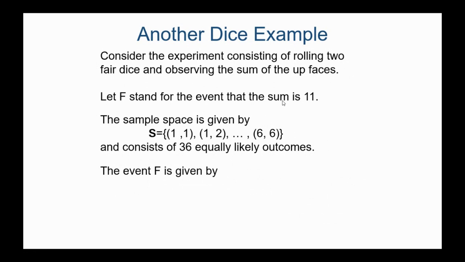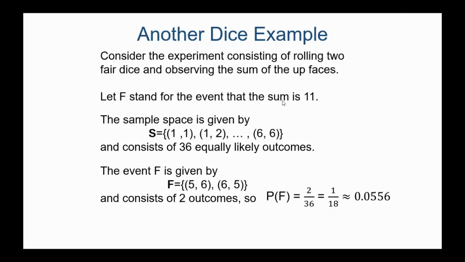What are the ways to roll a sum of 11? 5,6, 6,5. Oh, sorry. So since there's 2 outcomes that we want, what would the probability be of getting a sum of 11? 2 out of 36. Good. This time we did reduce it.